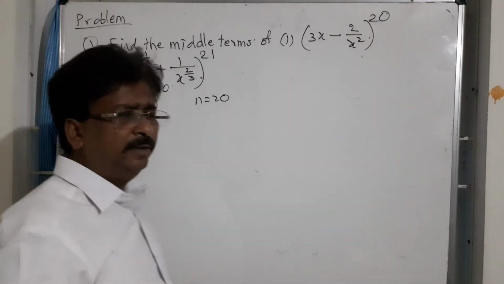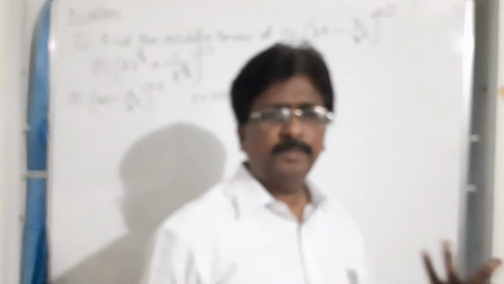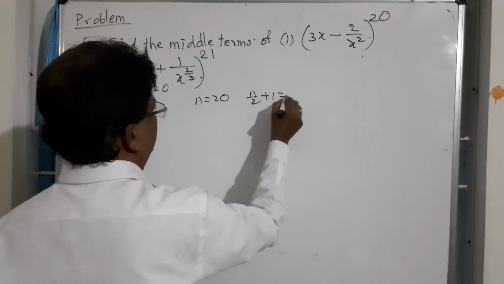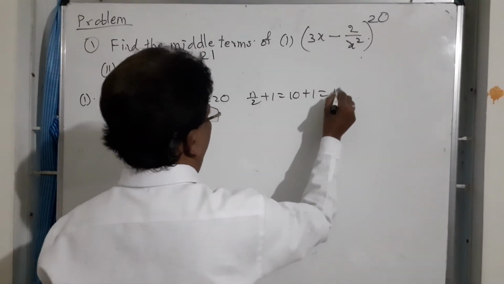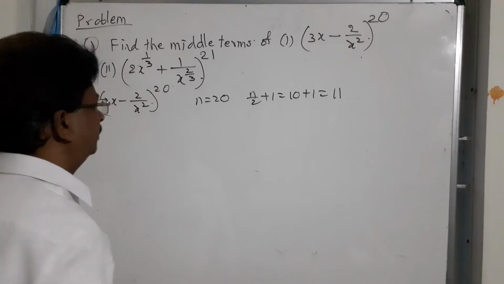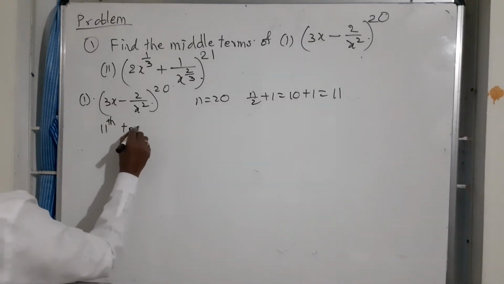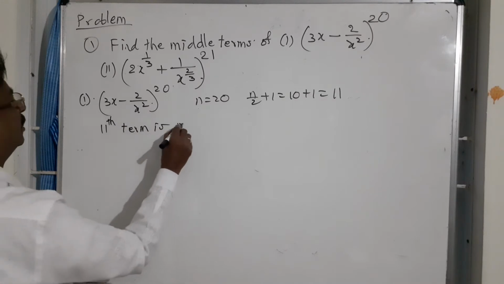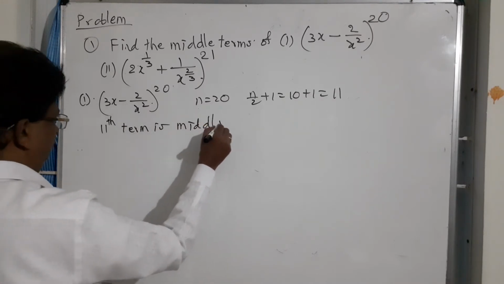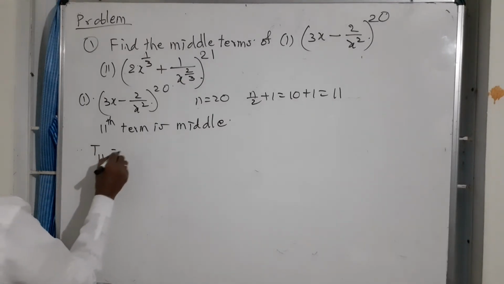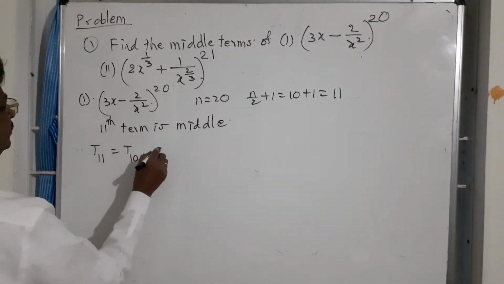Now if n is even, what is the term? The (n/2 + 1)th term is the middle term. So n/2 + 1 is equal to 10 + 1, 11. The 11th term is the middle term. After that we can write T11, that is T(10 + 1).